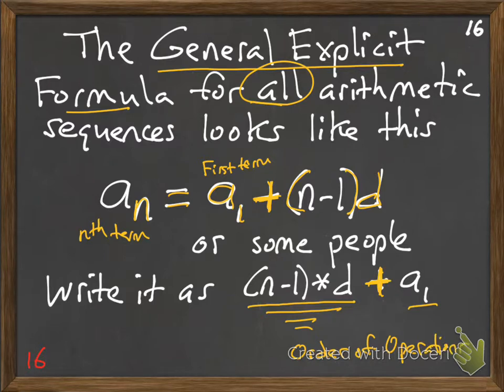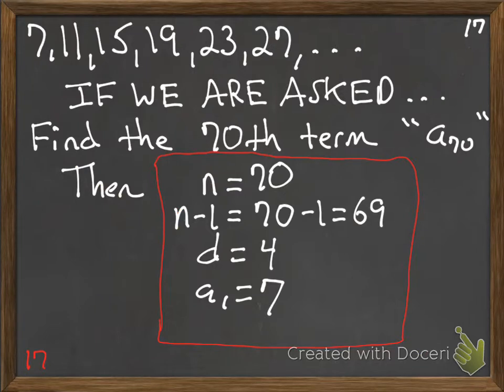So let's go ahead and apply this formula. We have 7, 11, 15, 19, 23, 27. We all know the common difference is 4. We also can identify the first term is 7. We're looking for the 70th term, and 70 minus 1 is 69.